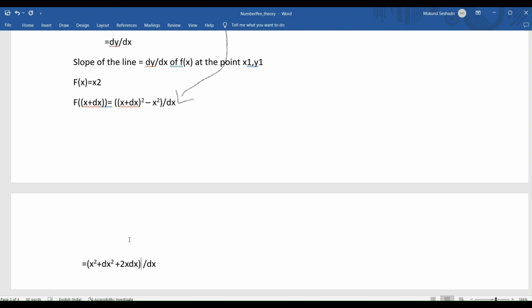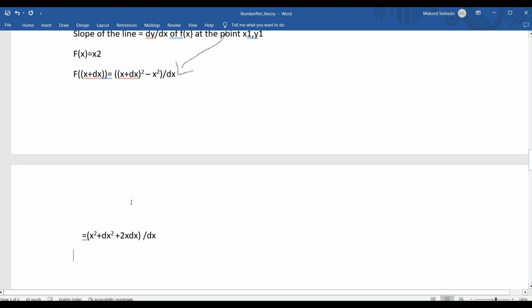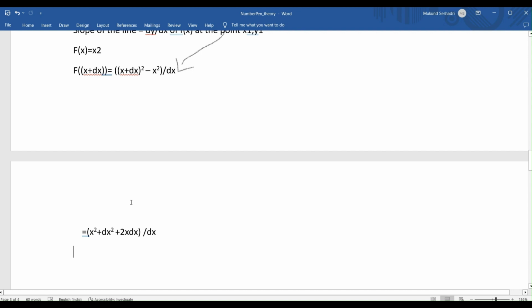So as dx tends to 0, remember when dx is infinitesimally small, it tends to 0.